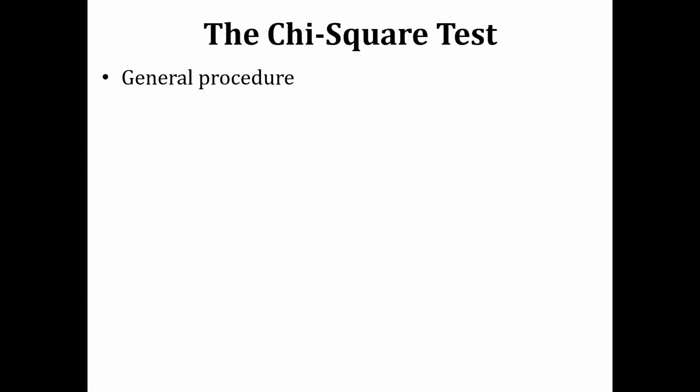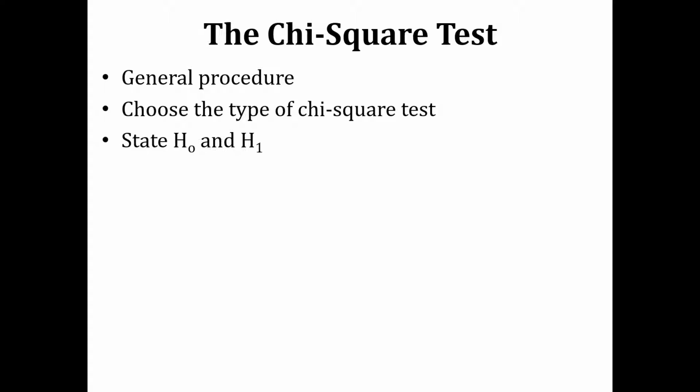The general procedure in any kind of chi-square test is that first of all, whenever you have your samples or observations, you have to choose the type of chi-square test on the basis of your experiment: what kind of experiment are you doing, what is your experimental hypothesis? So you have to choose the type of chi-square test that you're going to use.